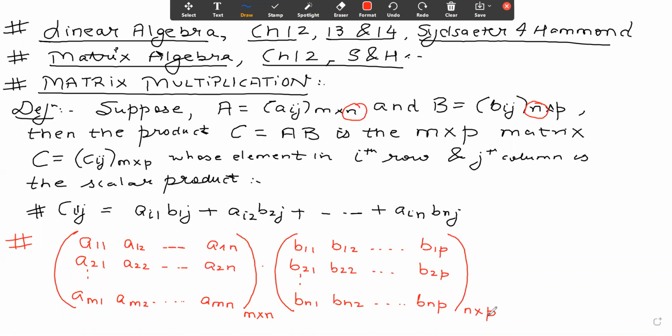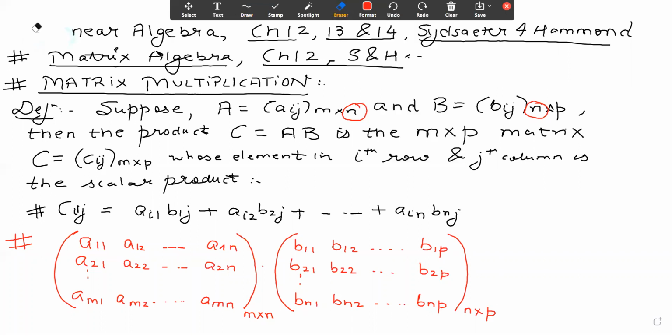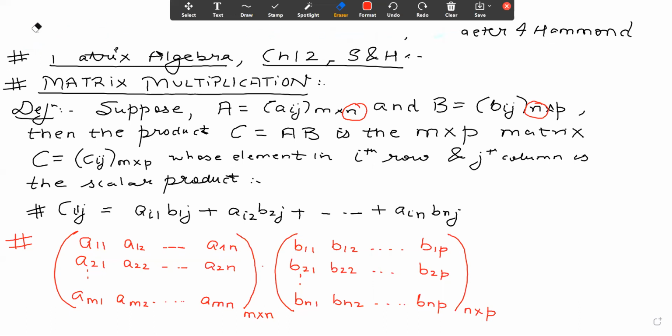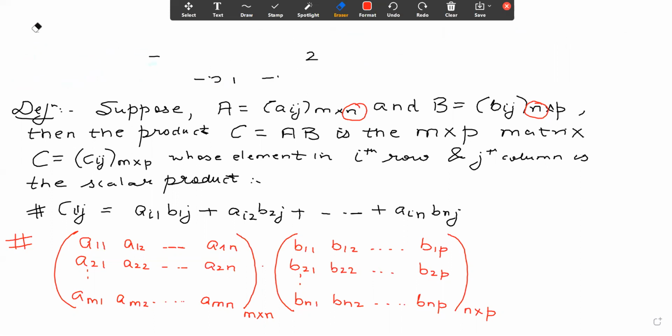So let us now see, when we multiply these two matrices, what do we get? So to understand that, guys, first of all, I'm erasing all the initial part. You know the topic, you know the definition now. The definition is not very important. What is important is how to numerically apply the multiplication formula.